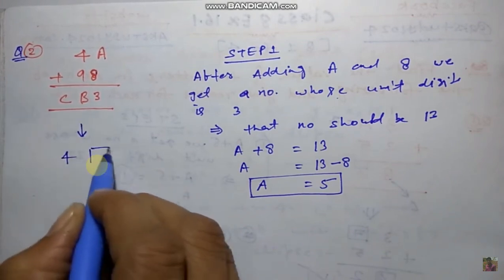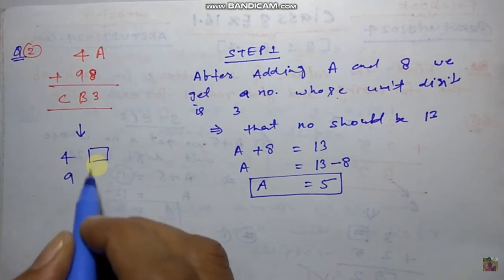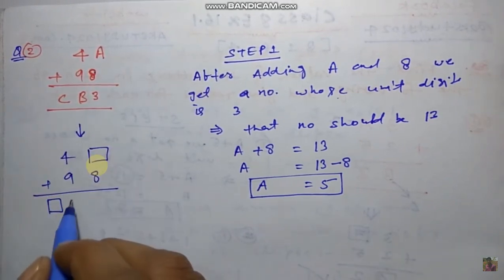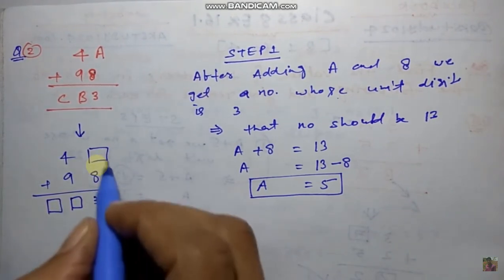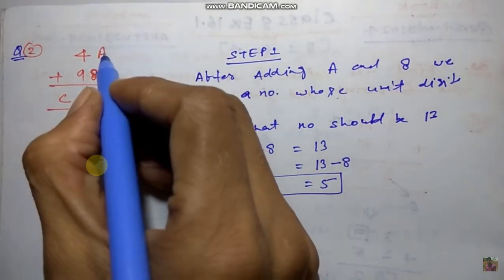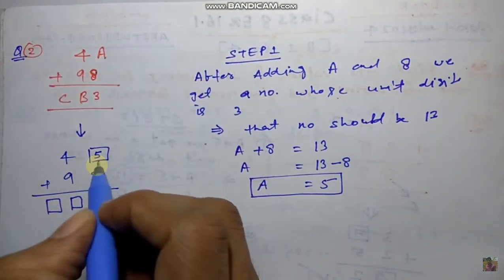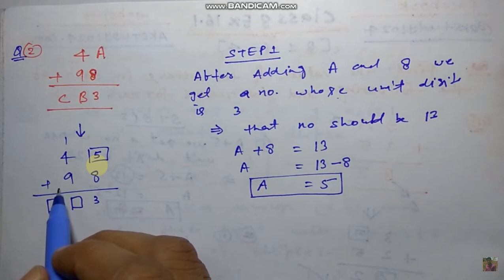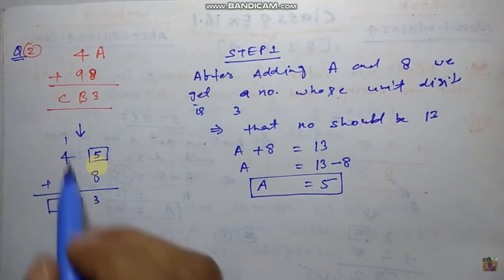But it's not the final answer. We can check whether A equal to 5 suits or not. In the place of A we write 5.